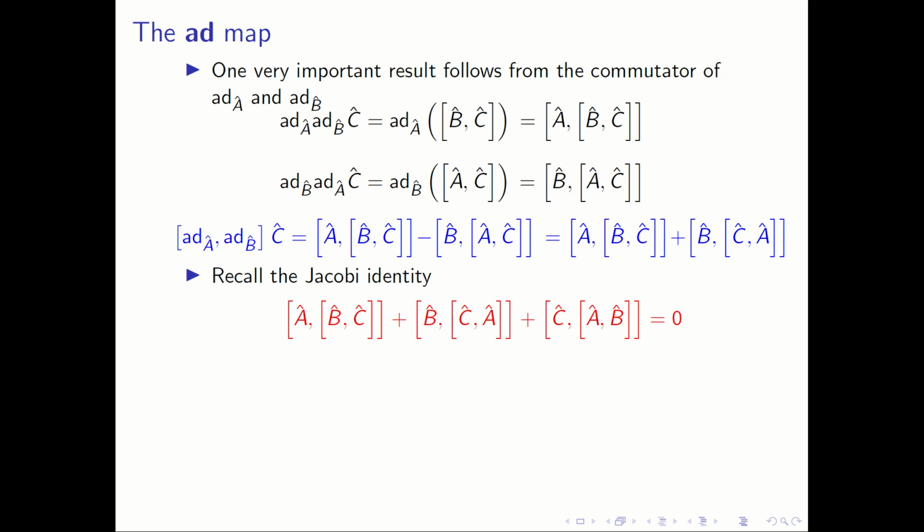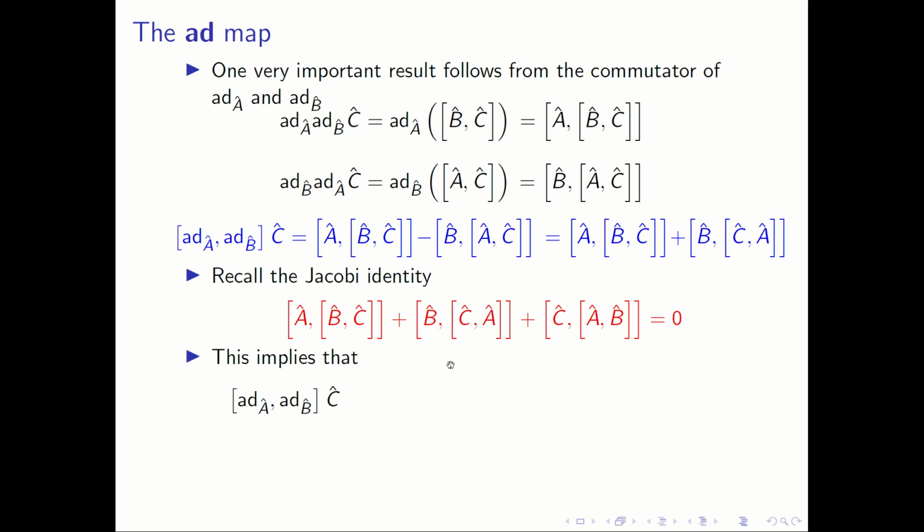This is very trivial to prove. If you have not done it before, you should definitely do it now. You just write them out in full and you will see all terms cancel. But the reason why this is important for us right now is that what we have here for the commutator of ad A, ad B acting on C is just the first two terms of the Jacobi identity.